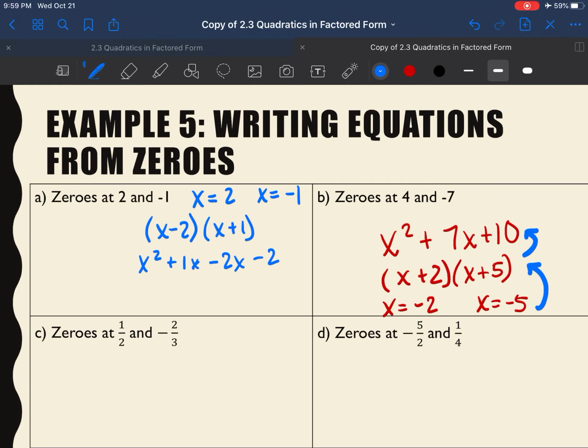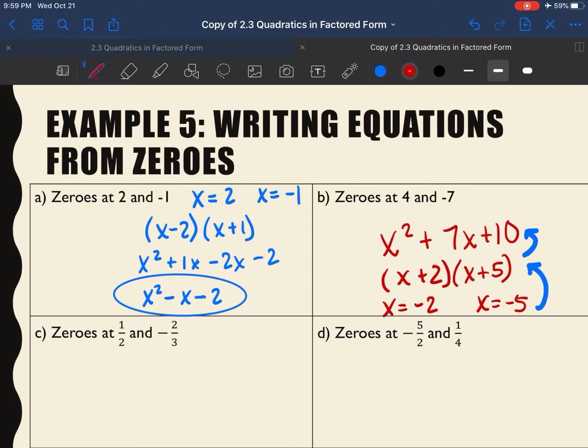Combine the like terms in the middle, and you get x squared minus 1x minus 2. And there you go. That is the equation that has answers or solutions or x-intercepts or zeros at 2 and negative 1.